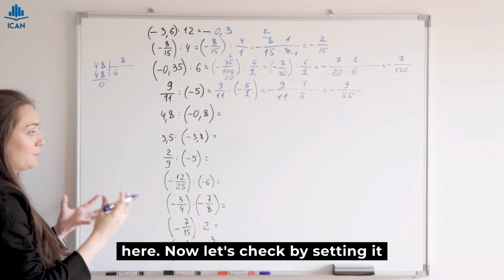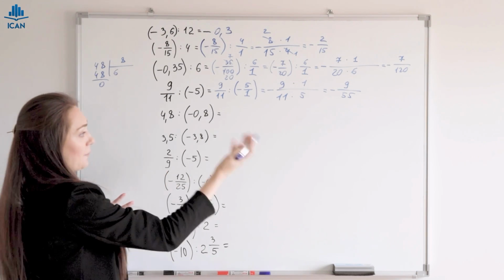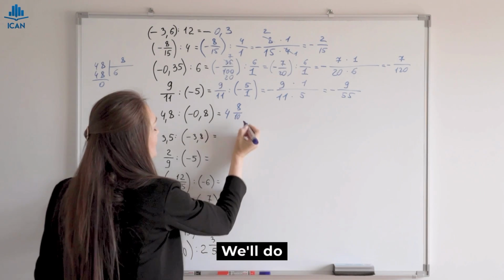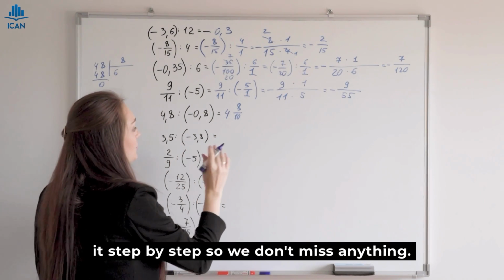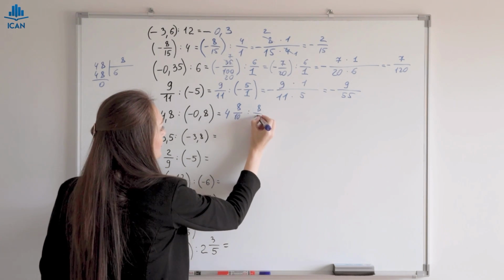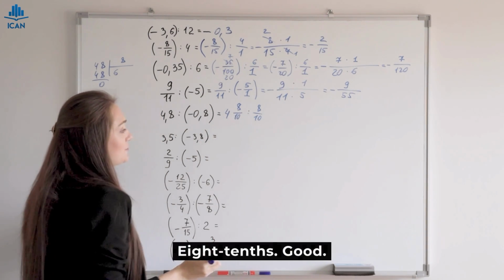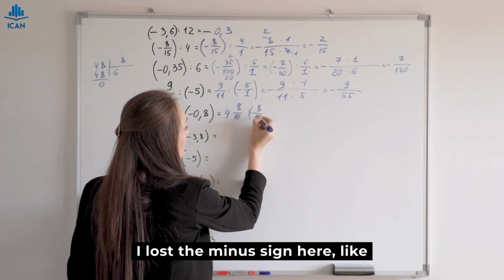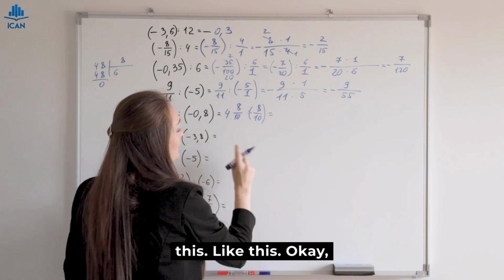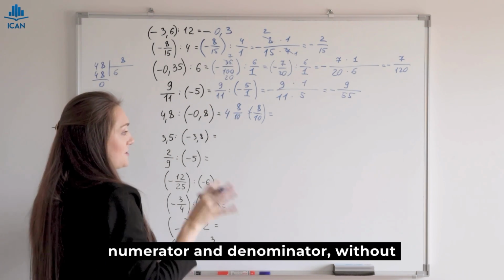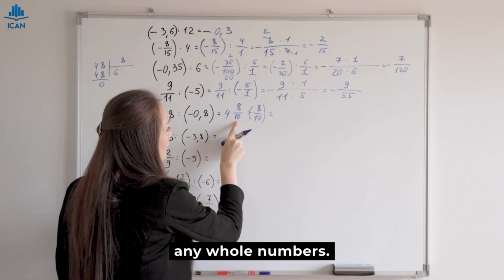Now let's check by setting it up as a regular fraction. 4 and 8 tenths. We'll do it step by step so we don't miss anything. Divided by 0 and 8 tenths. Good. But oh, I lost the minus sign here. Okay, now let's simplify this to just numerator and denominator without any whole numbers.